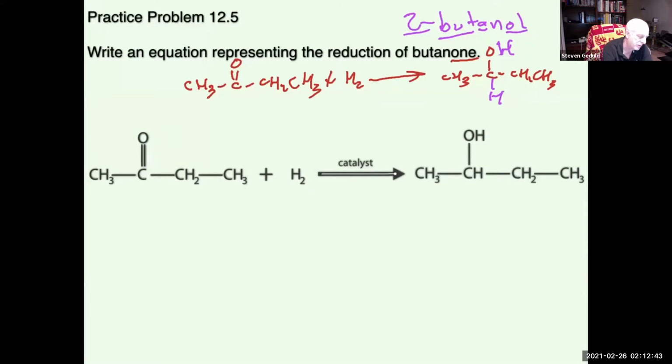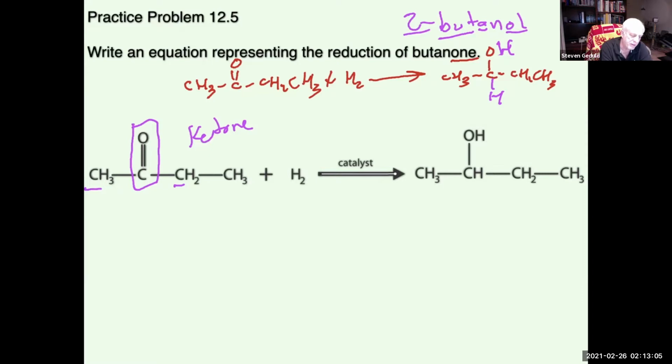Again, here's your carbonyl carbon. And this is a ketone. You can tell it's a ketone because it ends in ONE and because there are 2 carbon groups attached, 1 on each side. So since that's a ketone, it has to reduce to what kind of alcohol?